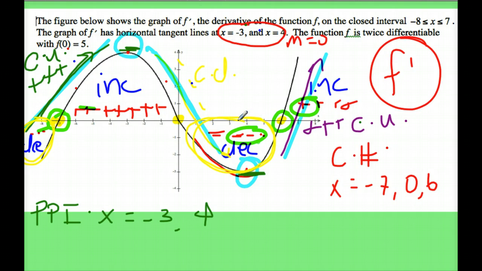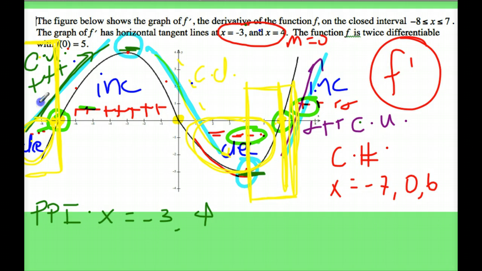So where am I concave up and decreasing? Then we notice that happens in this section right here. Concave up and decreasing. It also happens in this section right here. Well, actually, right here. Concave up and decreasing.